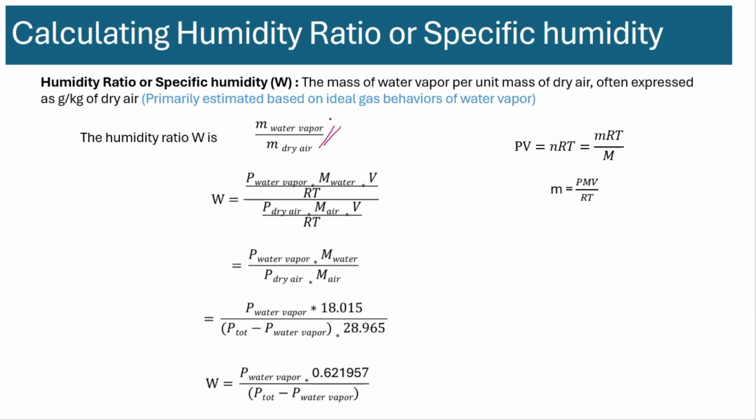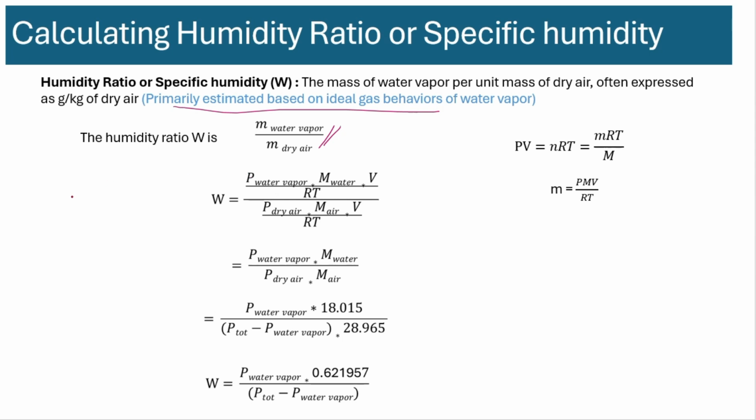Now, how do we calculate this? If you further remember from the last class, we are going to use ideal gas behavior for estimating humidity ratio. For estimating the mass of water and mass of dry air, we could use the ideal gas relationship, which is here.